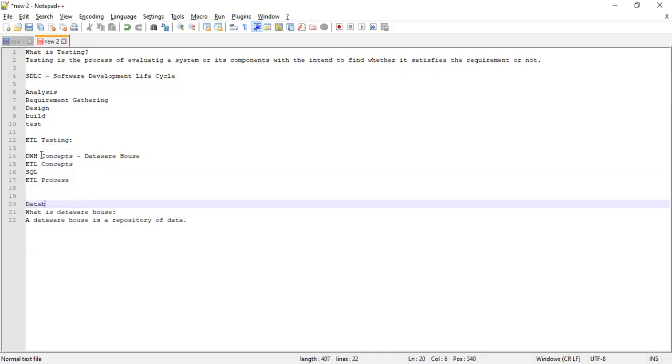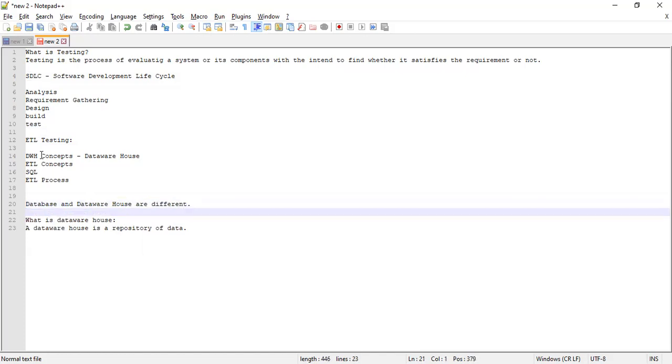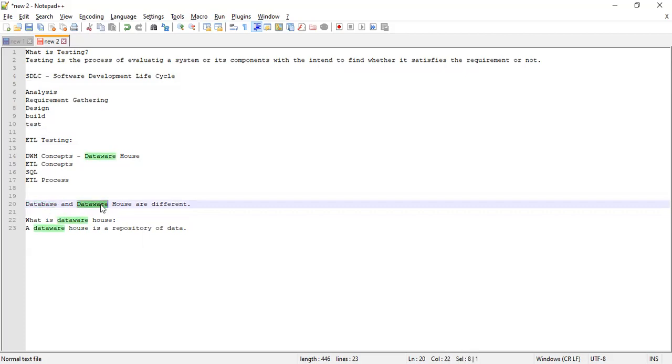If everything were a database, we couldn't call them separately, but we have two different concepts because a database is different and a data warehouse is different. The name itself is self-explanatory: a data warehouse is a repository of data.